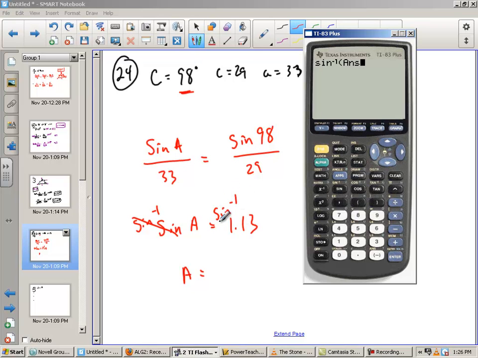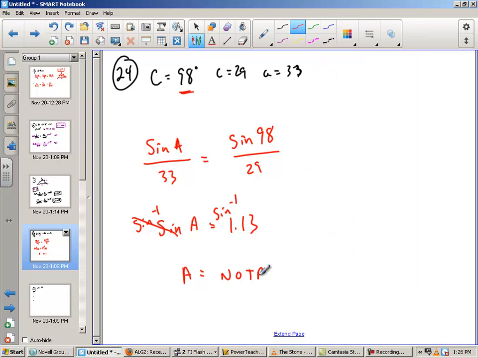Remember when we looked at the unit circle last week and we said that you can never take the inverse sine of something bigger than 1? Because this would mean that one of the sides of the triangle would be bigger than the hypotenuse, or bigger than the biggest side. Yeah, this doesn't work. So there's no triangle that can be formed from this information. There's no way to use those three measurements to get a triangle. So anytime you try to take the sine inverse of something and it's bigger than 1 or less than -1, that means you're going to have a problem.